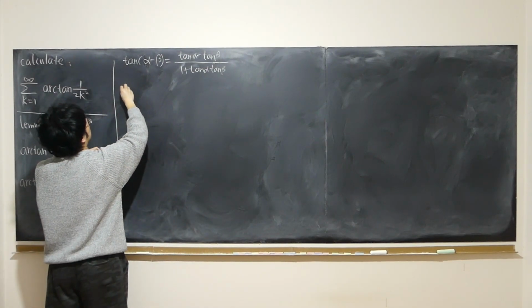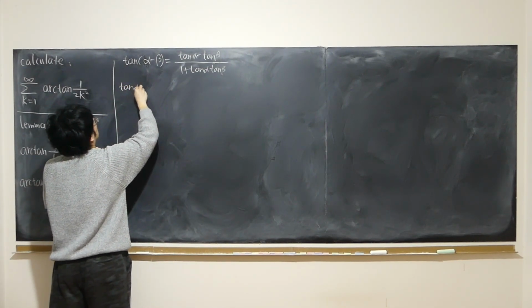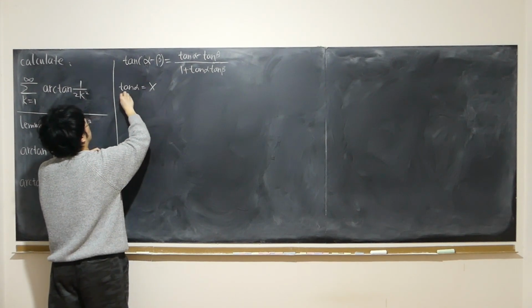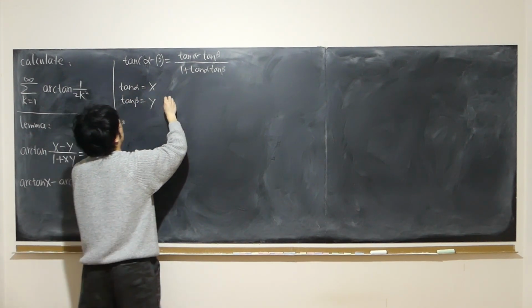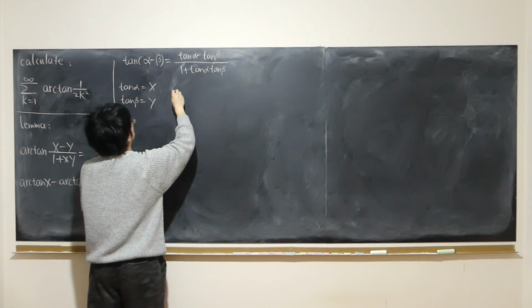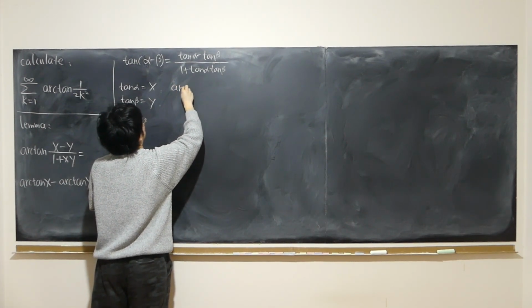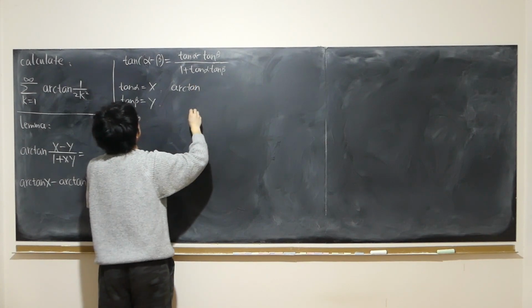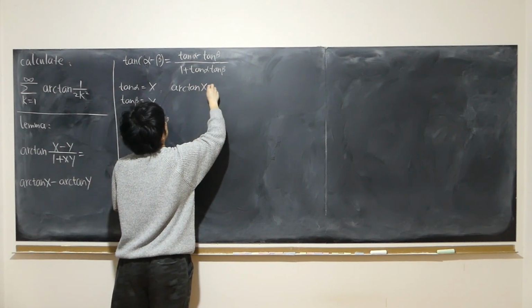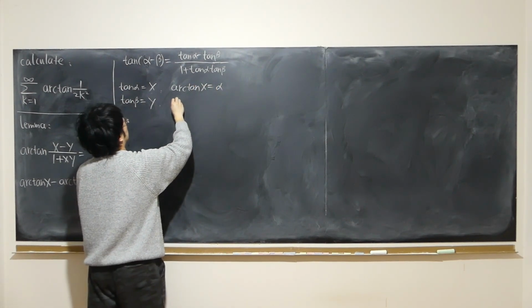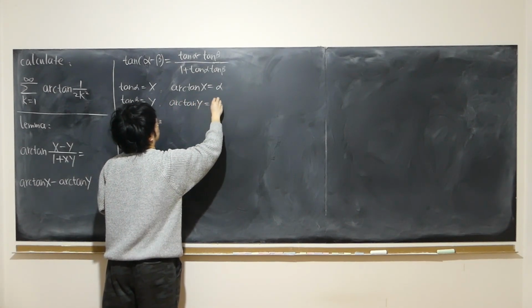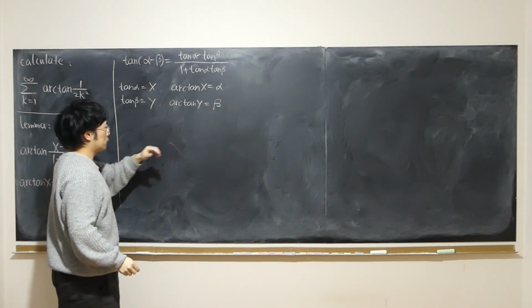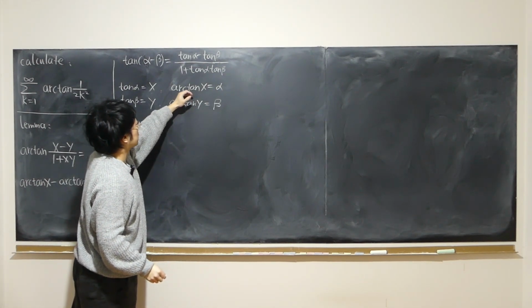If we just let tangent alpha equal x and tangent beta equal y, then we immediately can say that arctangent x is equal to alpha, and arctangent y is equal to beta. Alpha and beta just denote the angles.